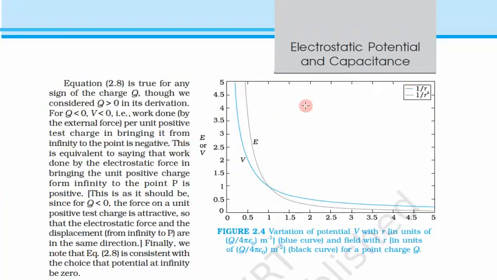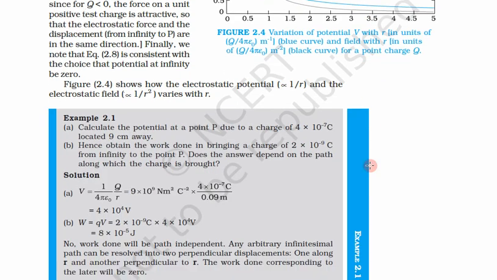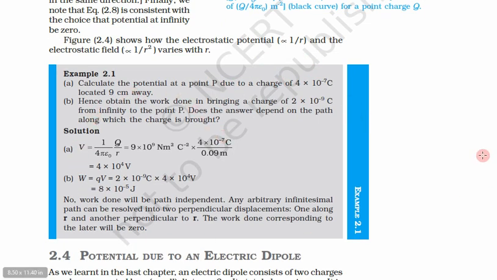After that, we compared the graphs of electric field and potential, where potential varies as 1 by r and electric field varies as 1 by r square. That means electric field drops much more sharply. After that, we solved a simple numerical example.